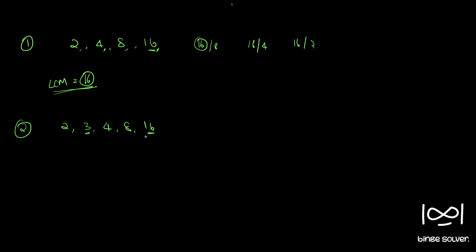If you take 16 as the LCM, 16 does not divide with 3. 16 by 3 is a fraction. So 16 cannot be the LCM, since the LCM is the smallest number that every given number divides. So 16 is not the LCM.